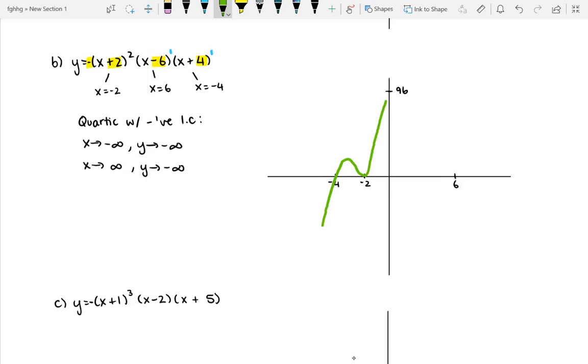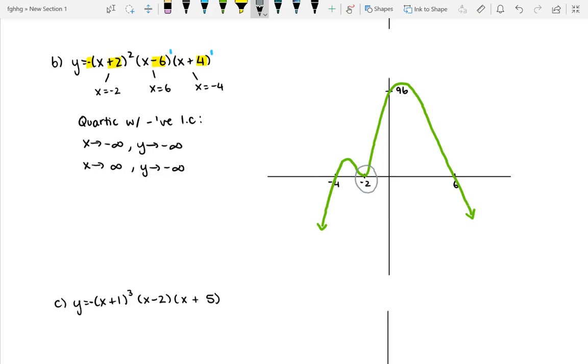It's going to pass through 96, and then come down and pass through 6 like that. And that is a sketch of my function y equals -(x plus 2) squared times (x minus 6) times (x plus 4). So here the difference was that we were looking at this concept: at this x-intercept, my graph does a turning point right on the x-intercept, very much like a parabola's vertex.